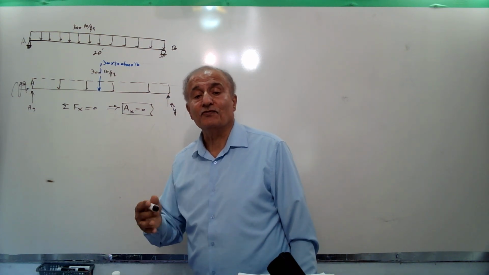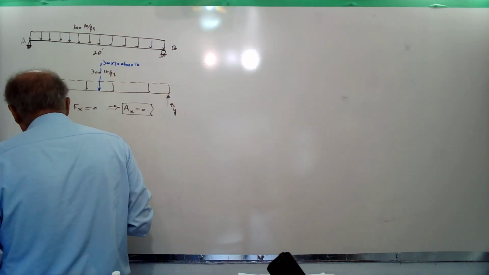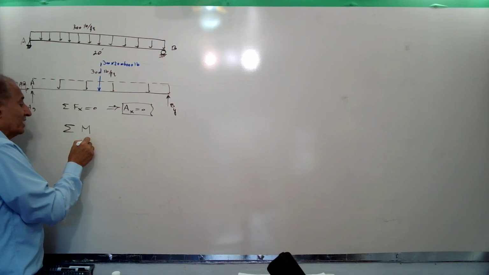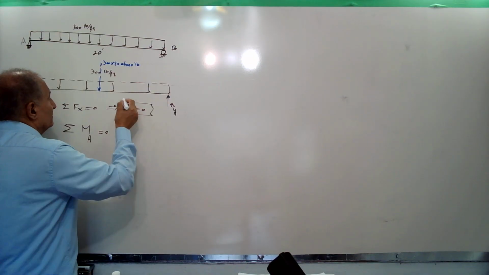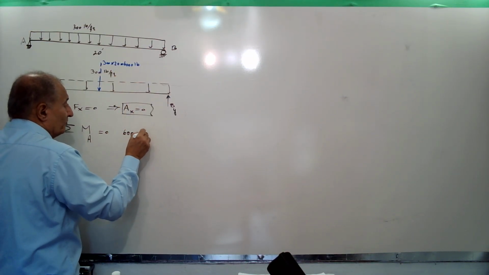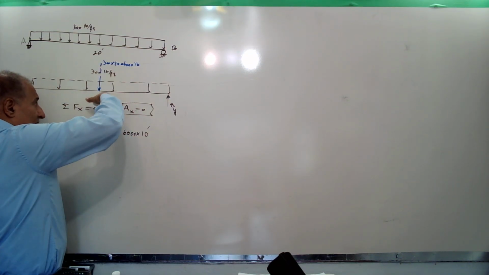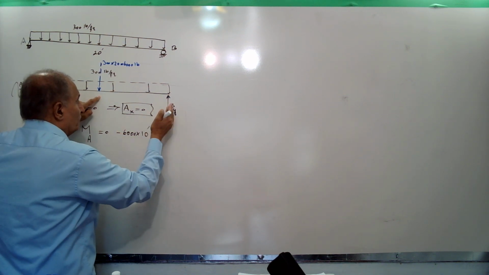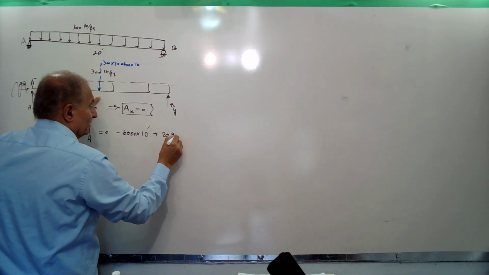Then let's use the other equation, summation of moments about any of these supports. If I consider the summation of moments about point A equal to 0, it means the force 6,000 times 10 feet, which is in the clockwise direction, we put as negative by convention, and force By in the counterclockwise direction, positive, times 20 equals 0.